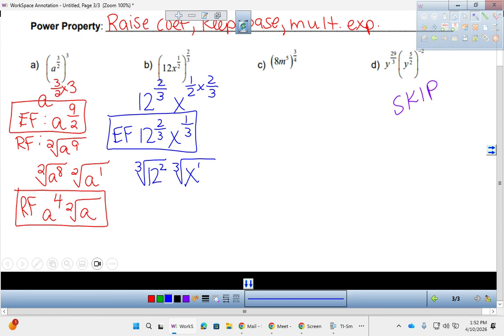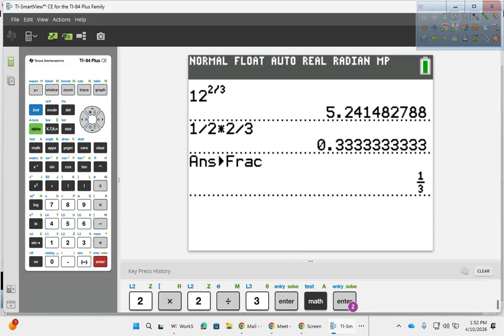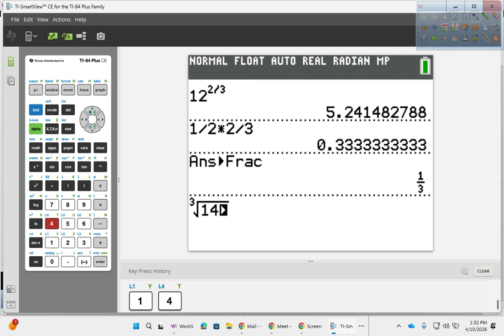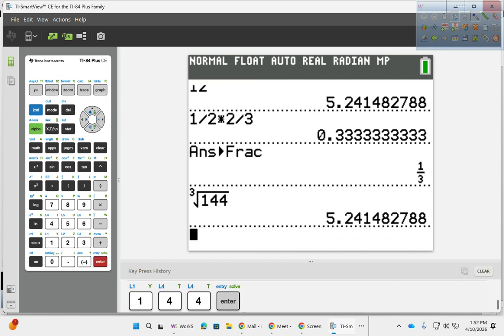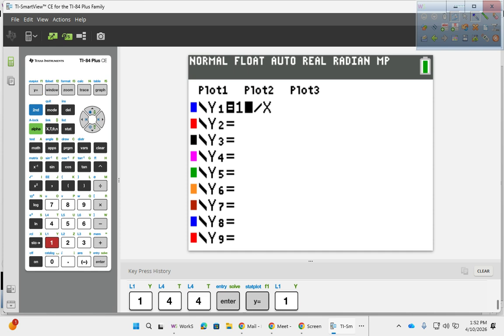Raise 12 to the power of 2. I want to make that a number, so I'm going to call that 144. And because that's a regular number, under a root, we math 5 it first, and if math 5 doesn't work, we y equals it. So I'm going to math 5 it. And when that doesn't work, I'm going to y equals it.